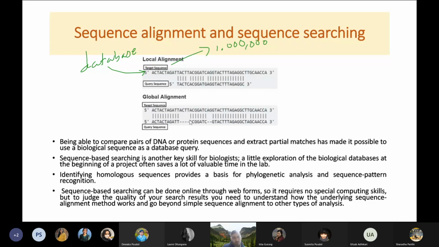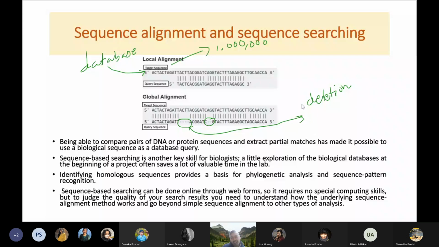So maybe we are not aligning here, right? So why are we not aligning here? Maybe there was a deletion event, or sometimes there is a repetition.